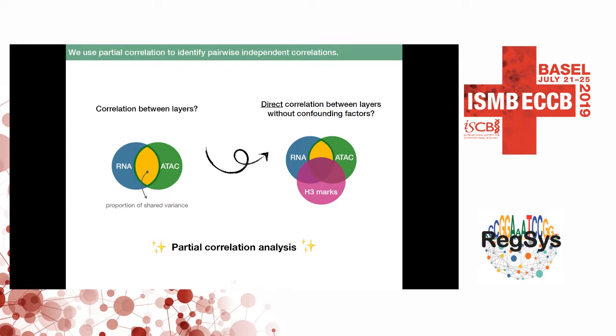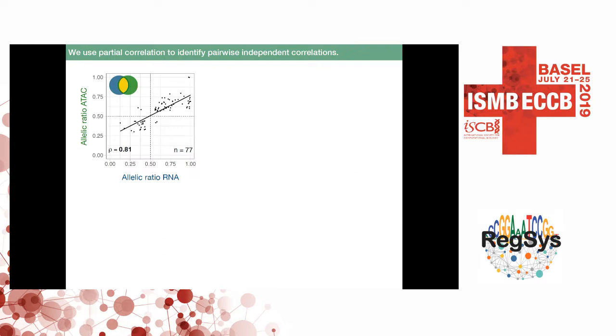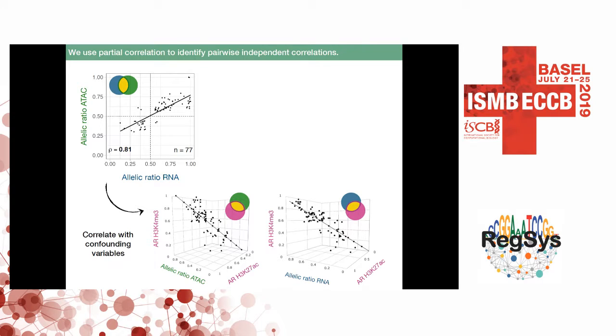We use the partial correlation analysis. So to briefly explain it to you, you start from 2 variables. So here we have a significant correlation between our allelic ratio in RNA and ATAC. You take those 2 variables and you make a linear regression with the other confounding factors.